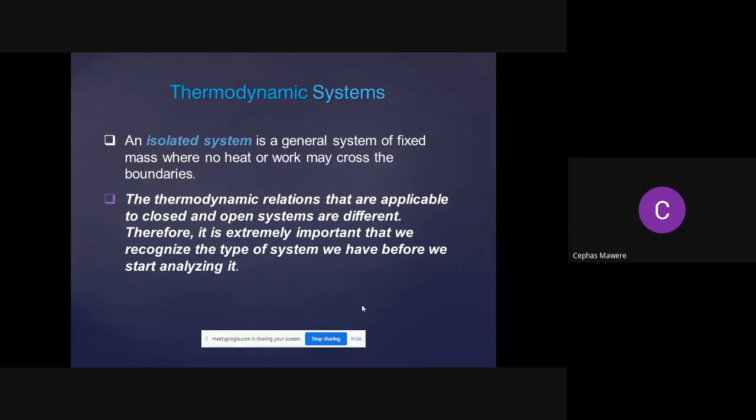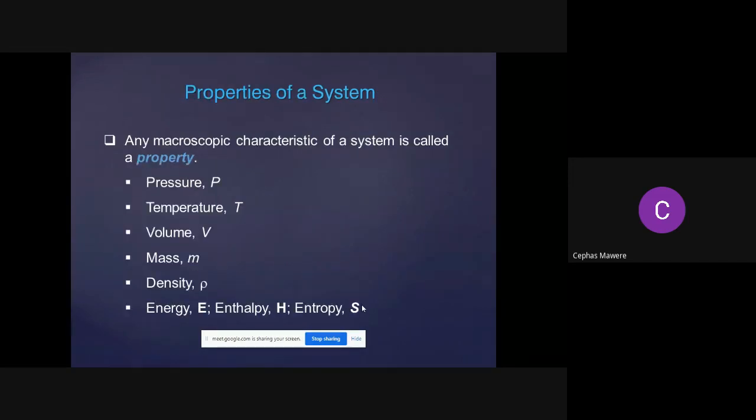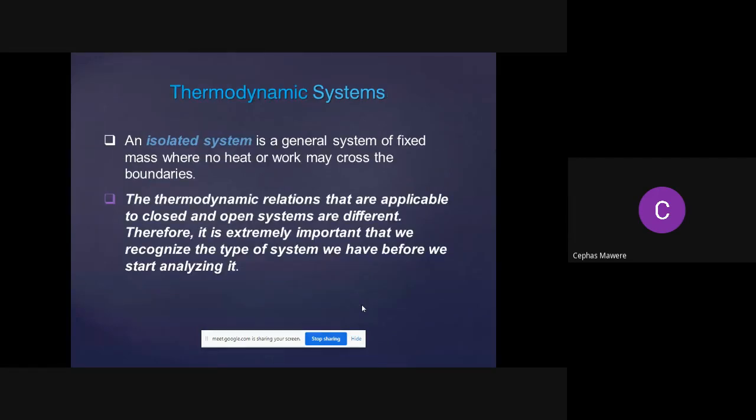And in this case, we are saying it is isolated because both the mass and the energy cannot pass into or out of the system. Okay, right, so we shall look into detail when we look at heat transfer concepts and mechanisms to appreciate this aspect of open system, isolated system, and closed system.